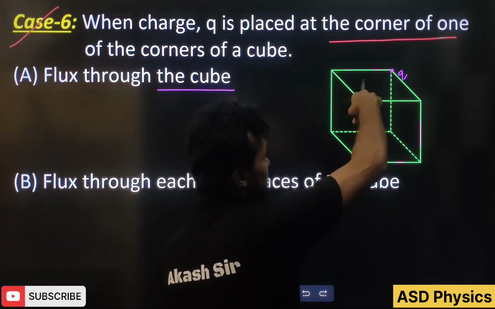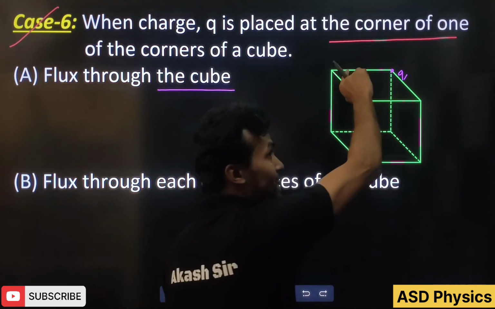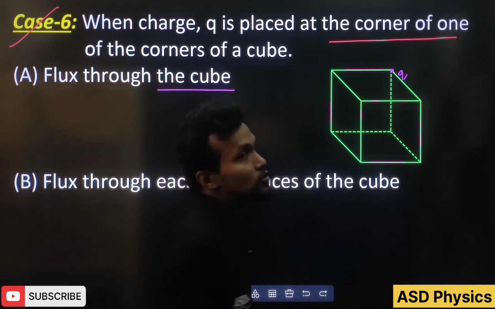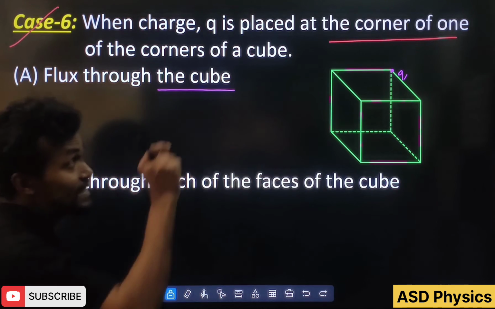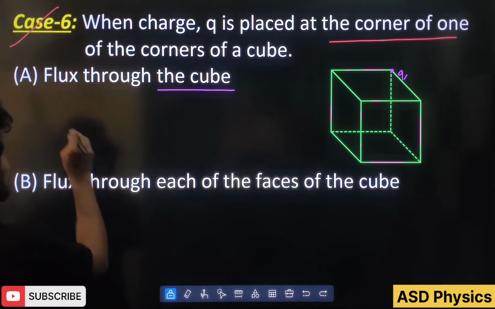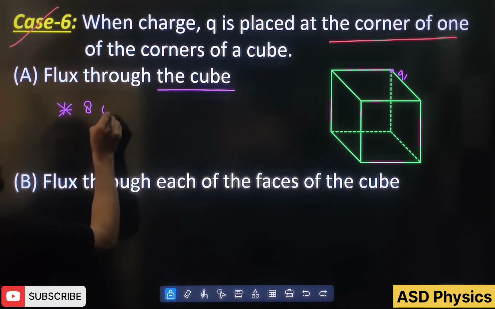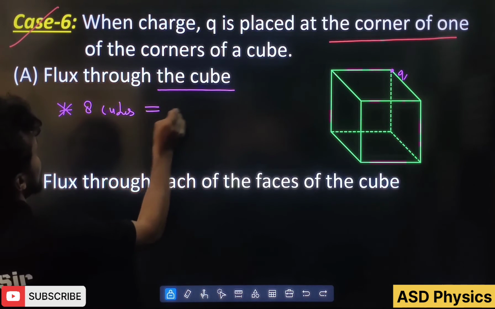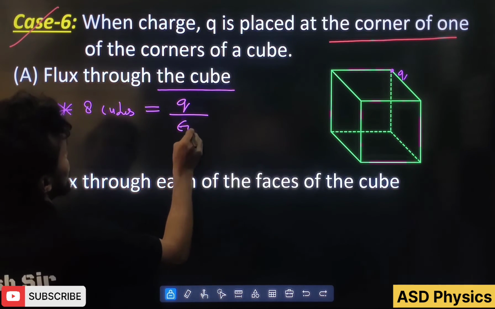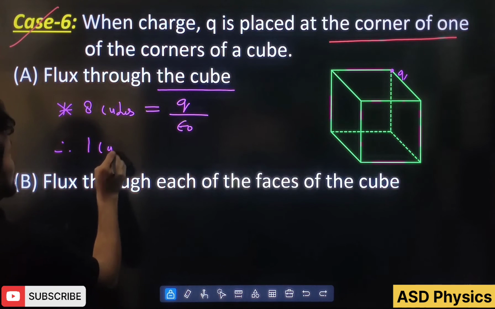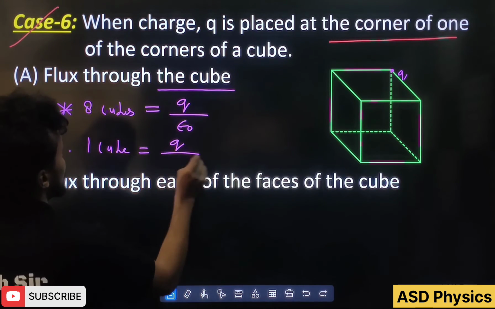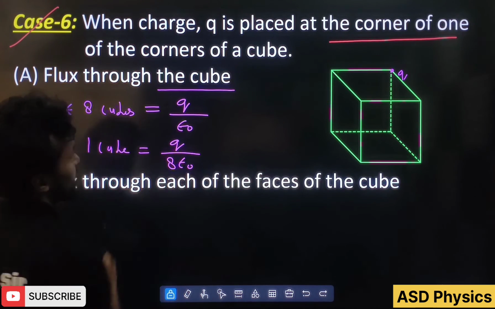Think please here: 1 this side, left, right, 2 backside and 4 cubes above that. Then only the charge will come at the center of 8 cubes. That means here we can tell due to 8 cubes, how much? Q by epsilon naught. Hence 1 cube, how much will it come to? Q by 8 epsilon naught.